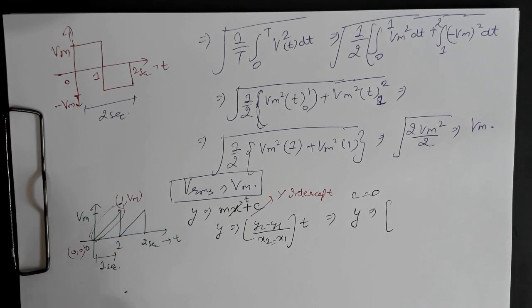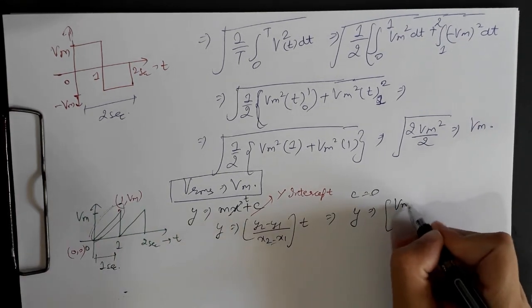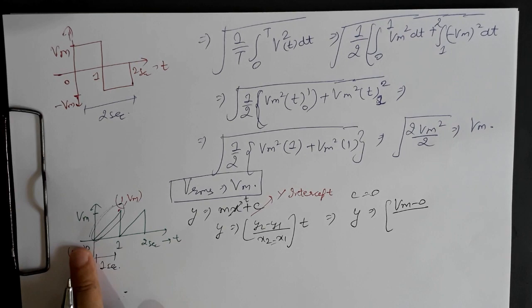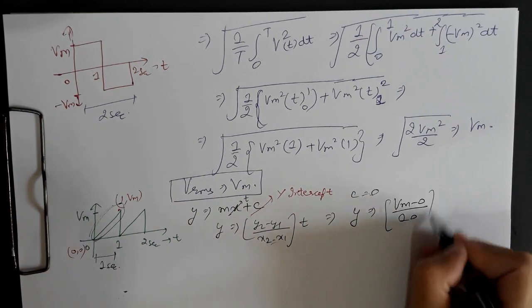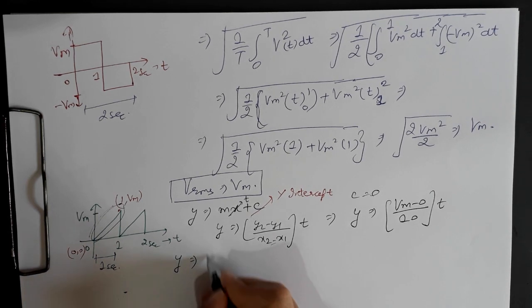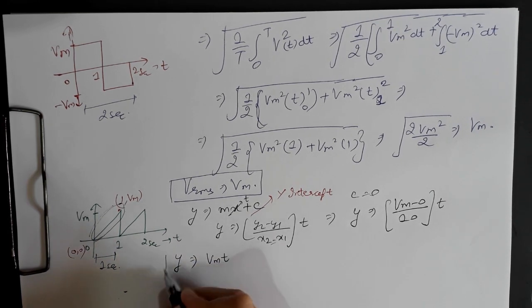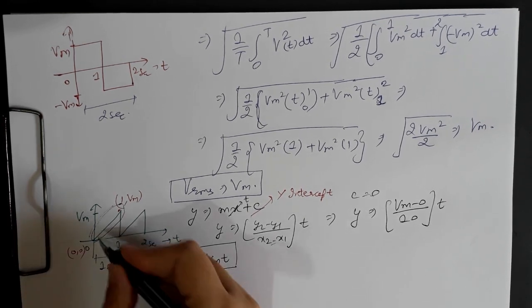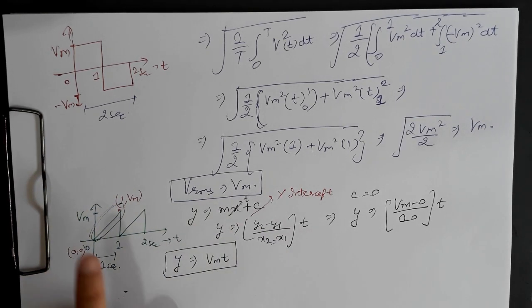Now y2 minus y1, which is Vm minus 0, upon x2 minus x1, which is 1 minus 0, into t. So here y is equal to Vm into t. This is the equation of this line. So from 0 to 1 our equation is y is equal to Vm into t.